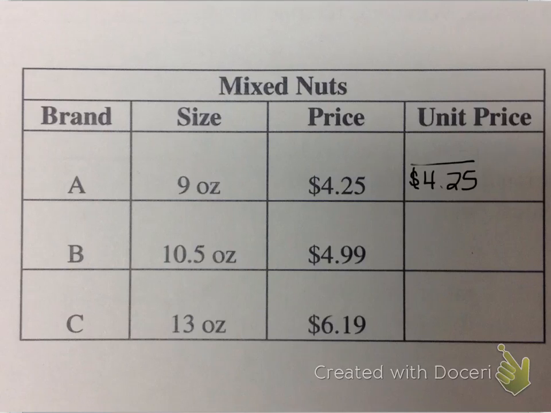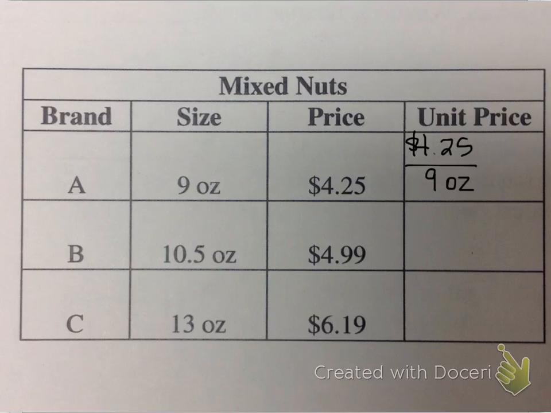So instead of writing it 9 ounces on top, we're going to write it as $4.25 for 9 ounces. That's going to give us how much money it is for 1 ounce when I divide. So $4.25 divided by 9 ounces is approximately 0.47222222.